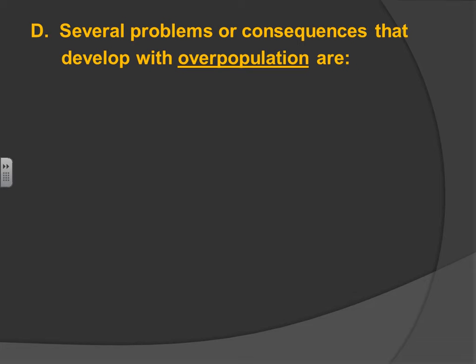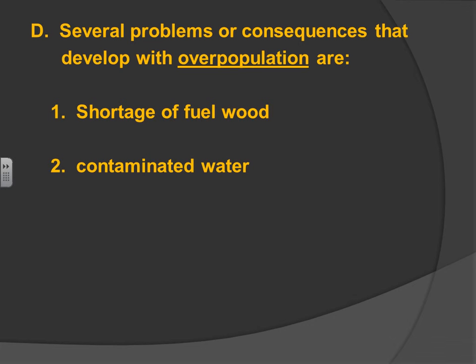D, several problems or consequences that develop with overpopulation are, and some of these are going to be surprising because it's not something we have to deal with. Number 1, shortage of fuel wood. That's surprising to us because we don't use wood as our primary source of fuel. Number 2, contaminated water.